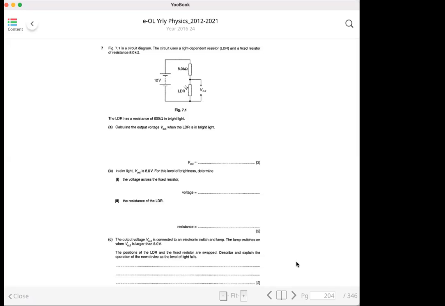Oscar, your A is correct. But take note of your significant figure. Yiting, your A is correct. Well done.